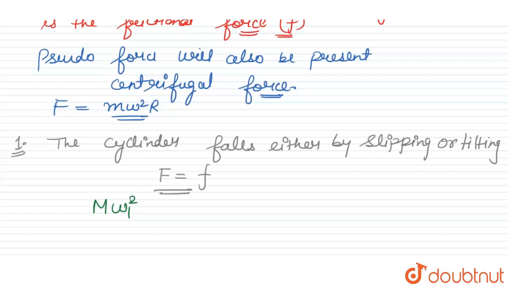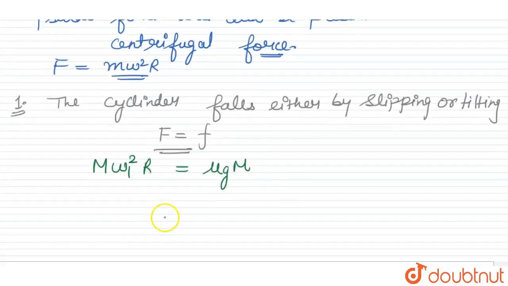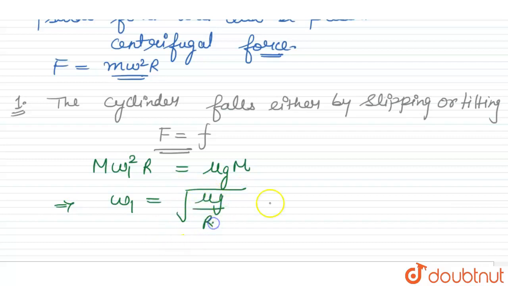So m omega 1 square r equals mu m g. From here we get omega 1 equals root of mu g upon r.